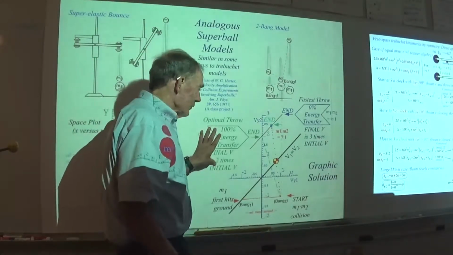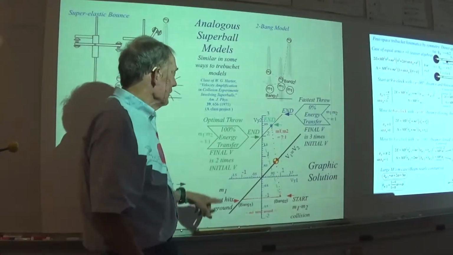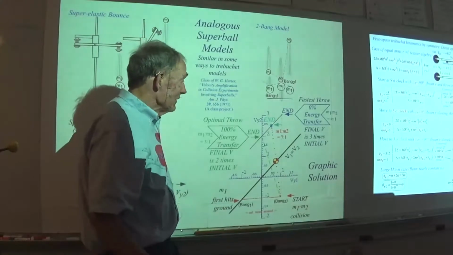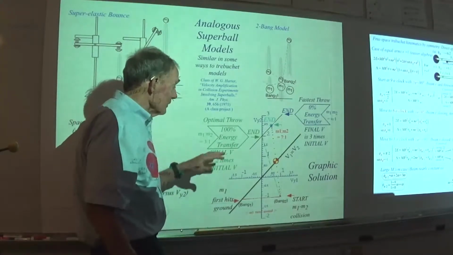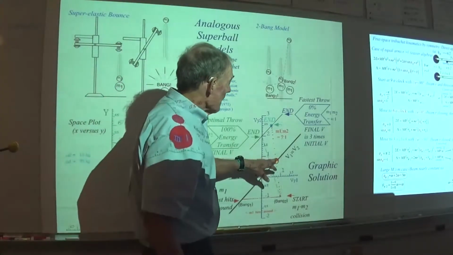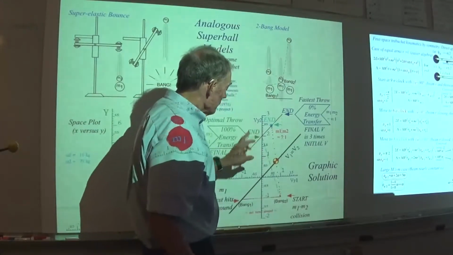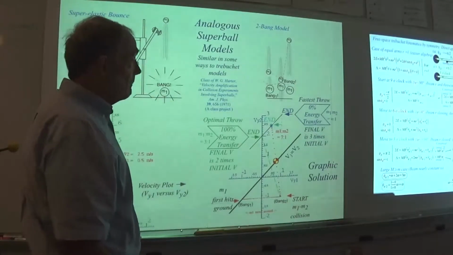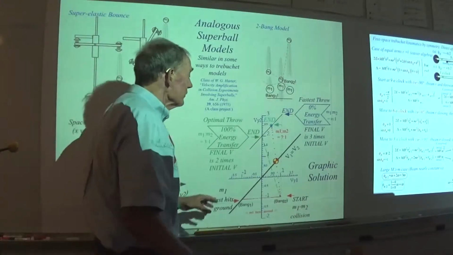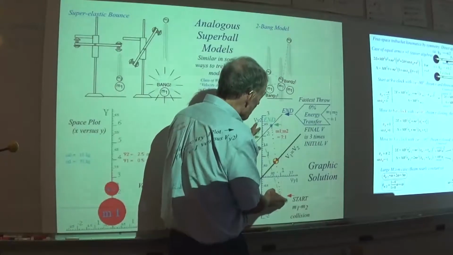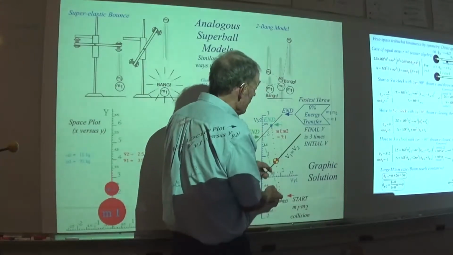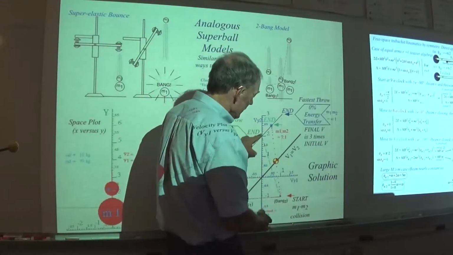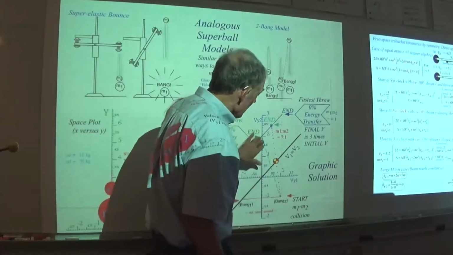This is optimal throw, 100% energy transfer, final velocity 2 times initial velocity, and this ratio that did that is in a sense analogous to picking the 3-to-1 ratio for the Super Ball. 1, 2, 3 to 1 for that throw.